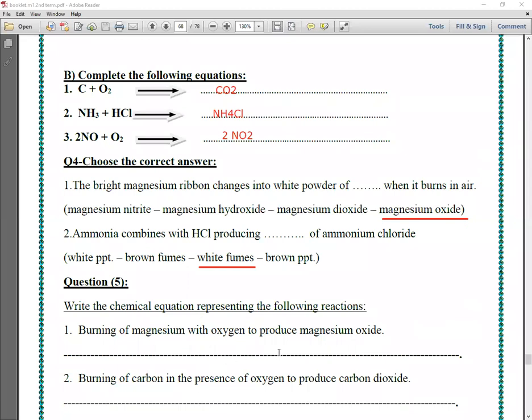Write the chemical equation representing the following reactions. Number 1, burning of magnesium with oxygen to produce magnesium oxide.